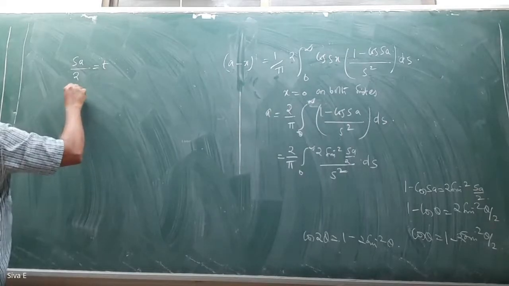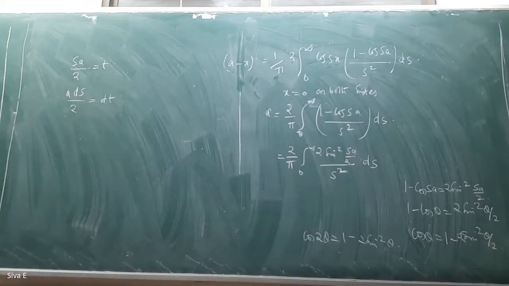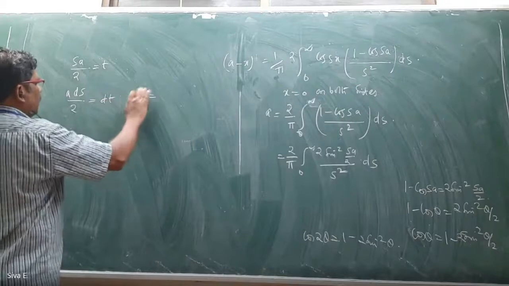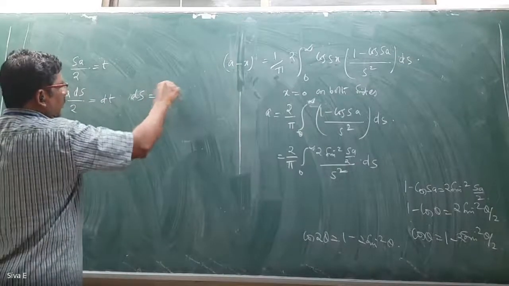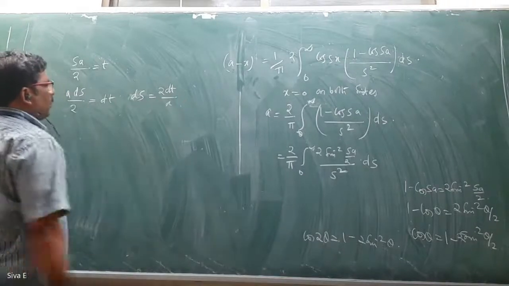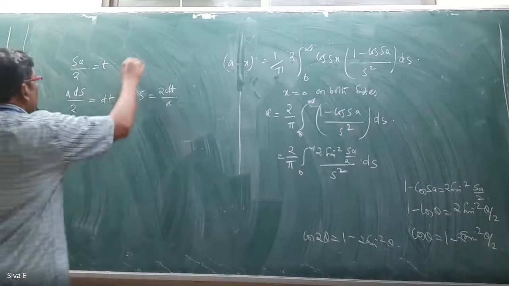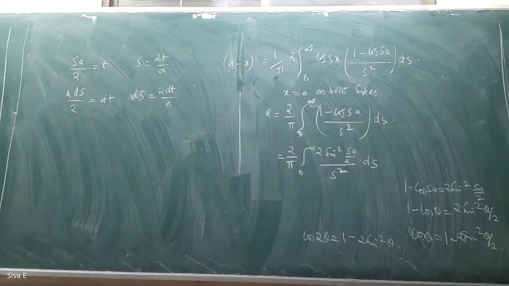So a ds by 2 is dt, therefore ds equals 2 dt by a. If sa by 2 is t, then s equals 2t by a.